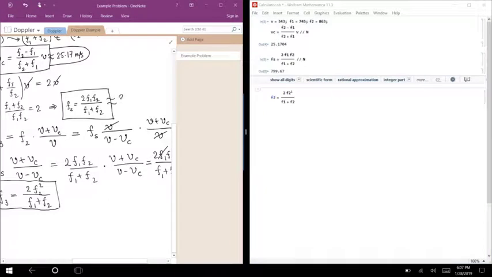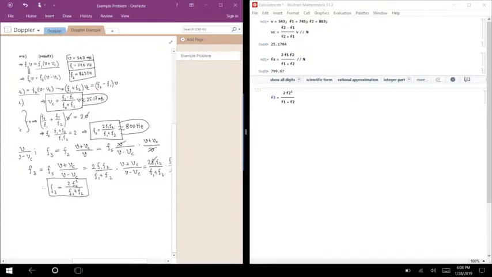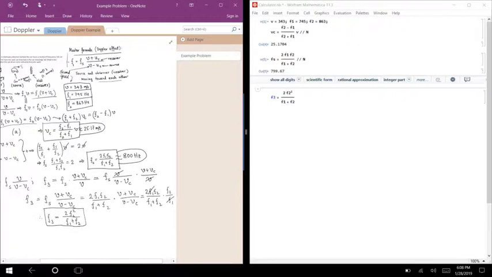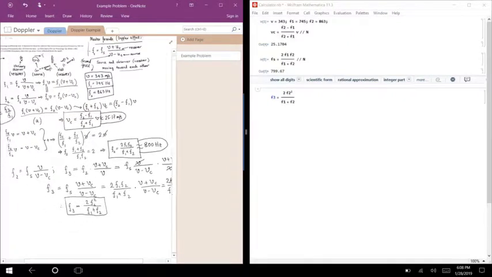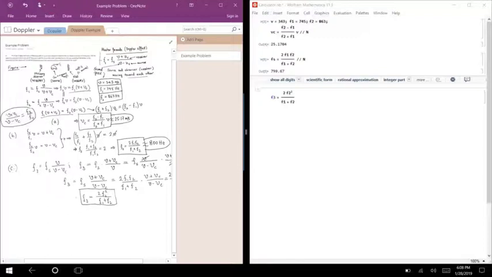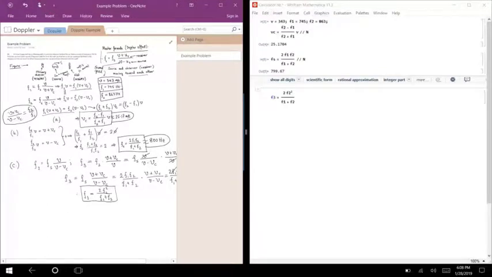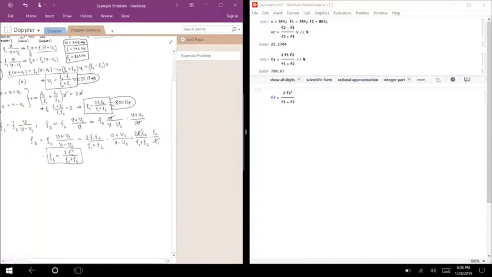I'm just going to write it as 800 hertz. It's very close to 800 hertz. That's the frequency of the car horn. And of course, you can see that this frequency of the car horn is in between the two frequencies given to us, 745 hertz and 863 hertz. Okay, so that's the frequency of the car horn.